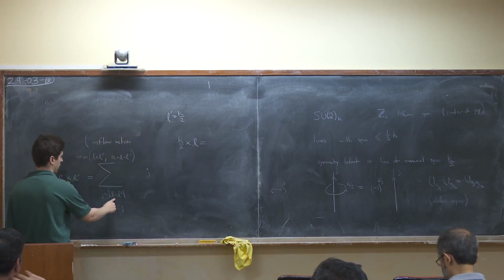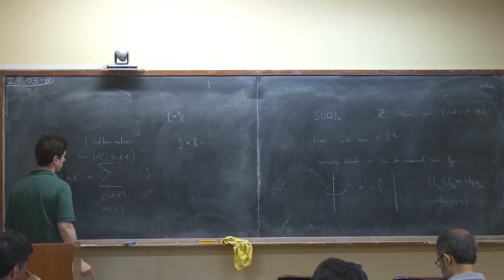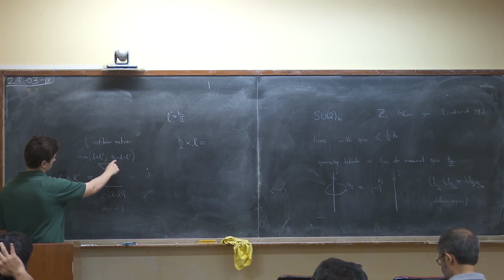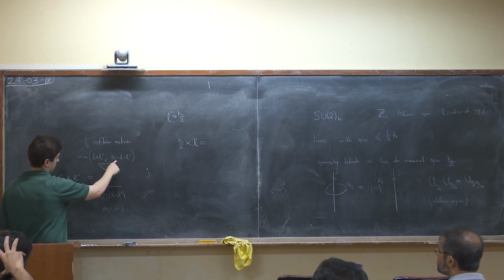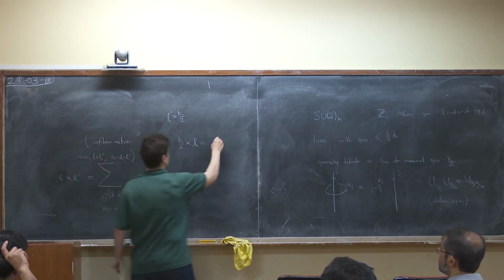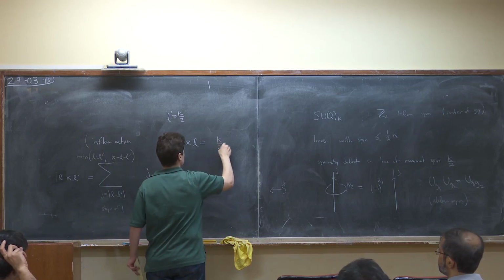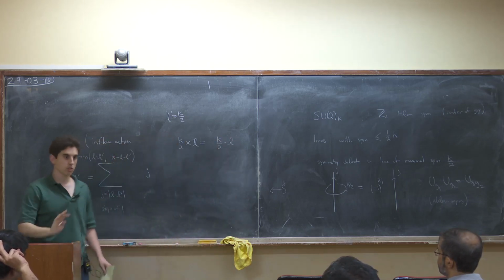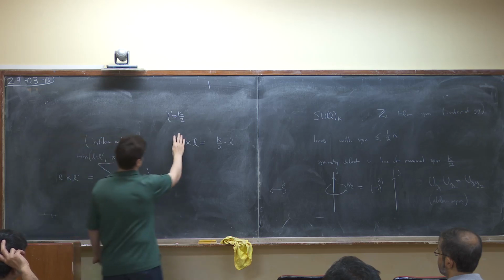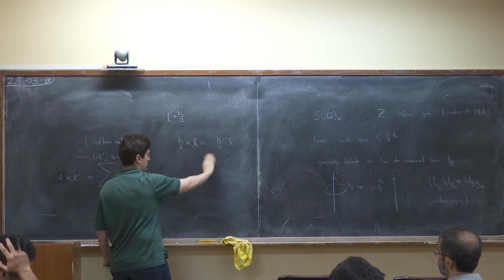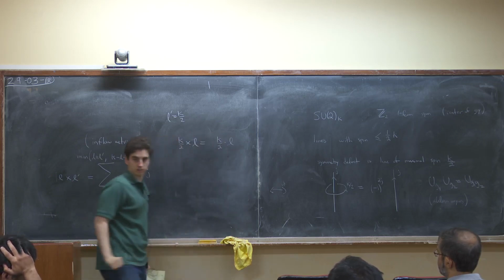J starts at K over 2 minus L. But the minimum here is K over 2 plus L, but this is K over 2 minus L again. So this is equal to the single line K over 2 minus L. So this was the property that I meant. The one-form symmetry generator, fusion with any line in the theory, gives you a unique other line.